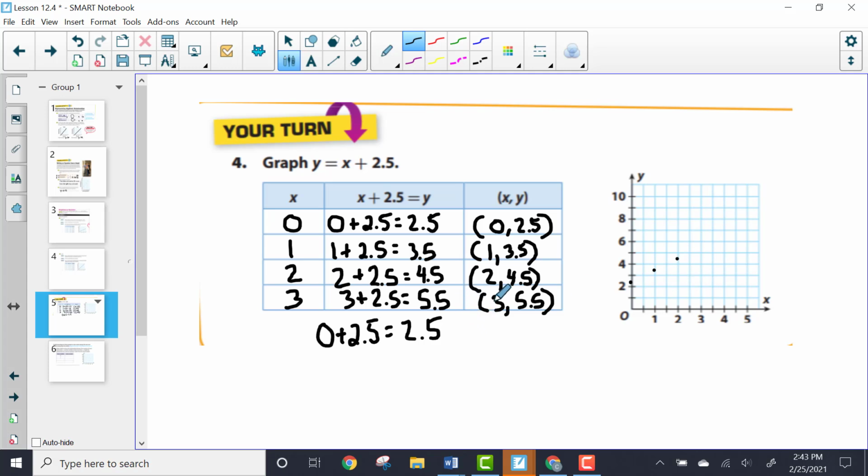And then 3 and then 5.5. So go over 3 and go up 5.5 between the 5 and the 6. We have our point right there. And then what we'll do is we'll just connect these dots and we'll keep a straight line. Just do the best you can. If you have a ruler, that's great. And we'll make that straight line representing this algebraic equation all the way through our graph there.